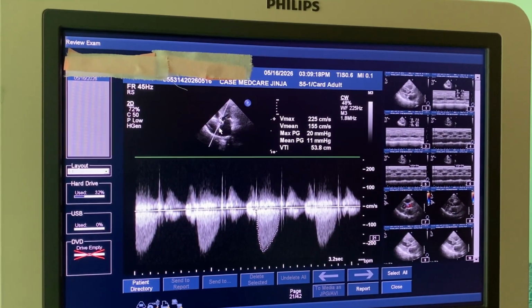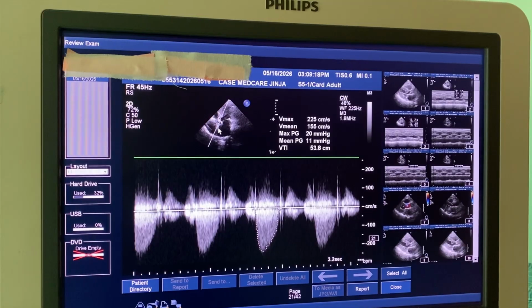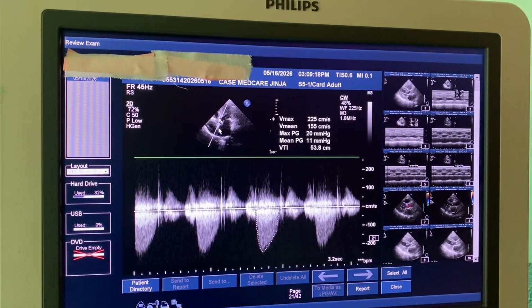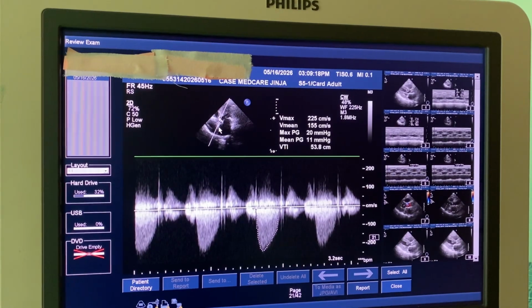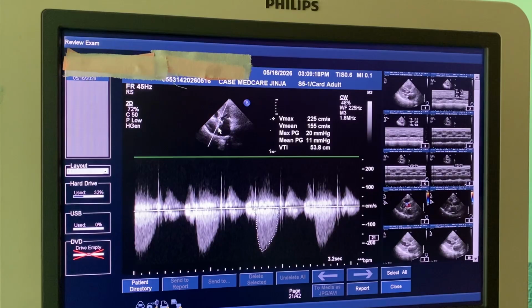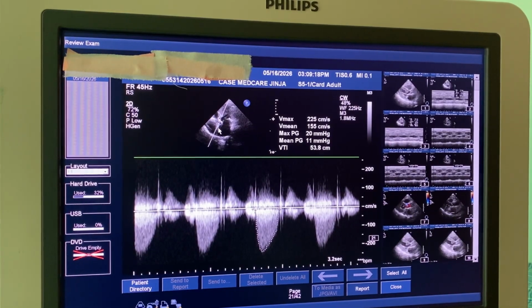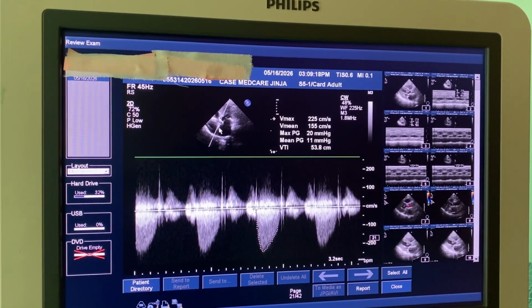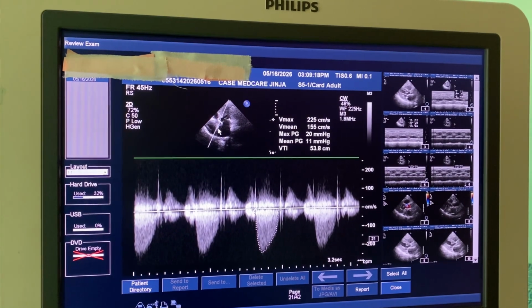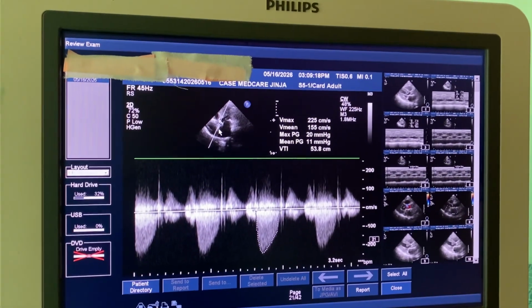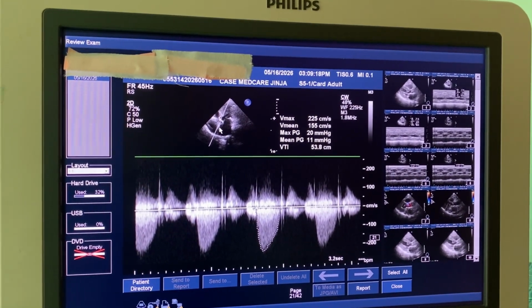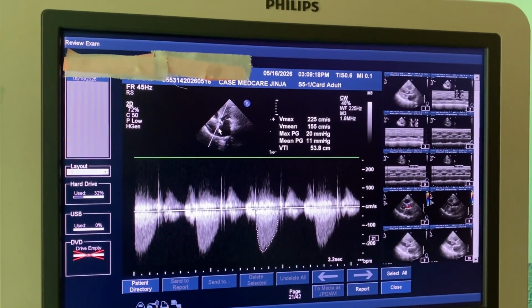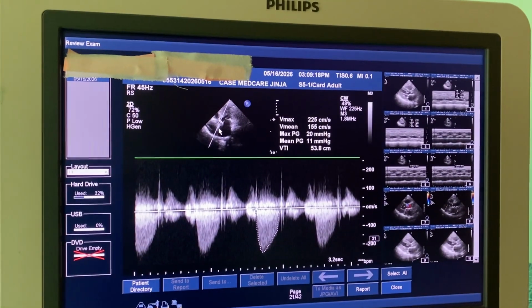If it is 0.25 to 0.5, that is moderate. And then less than 0.25, it is severe.